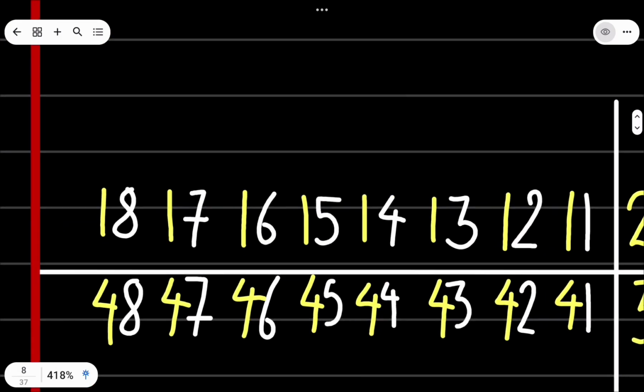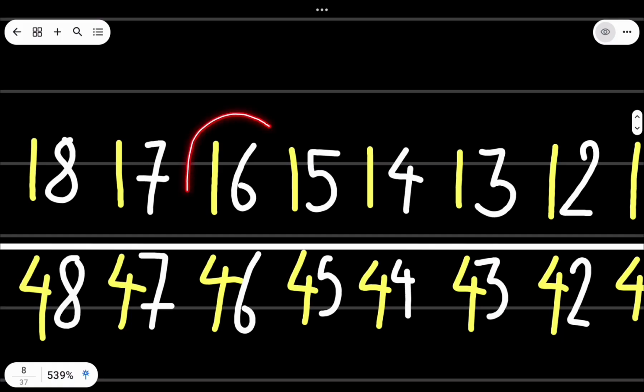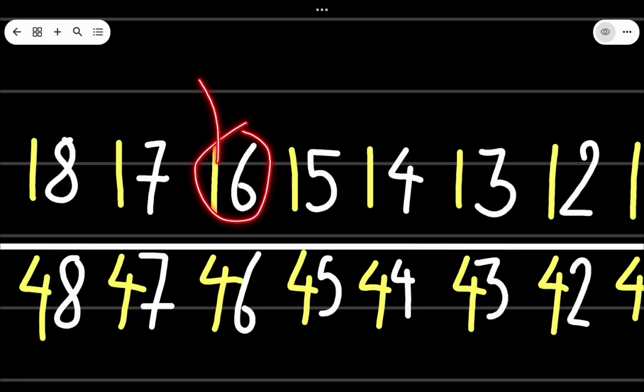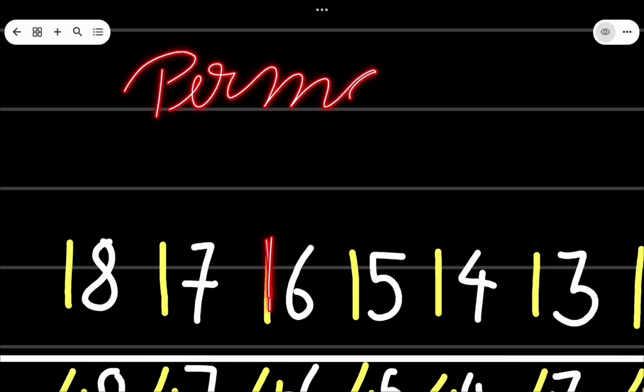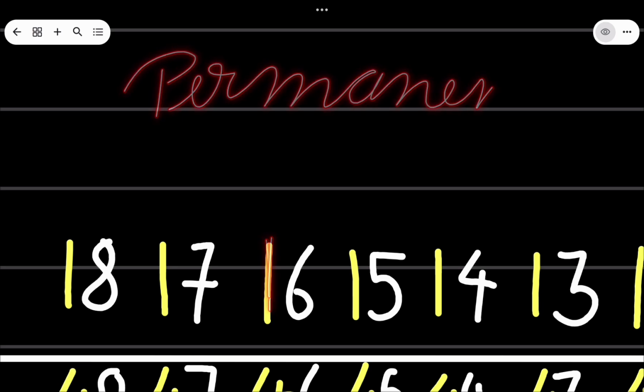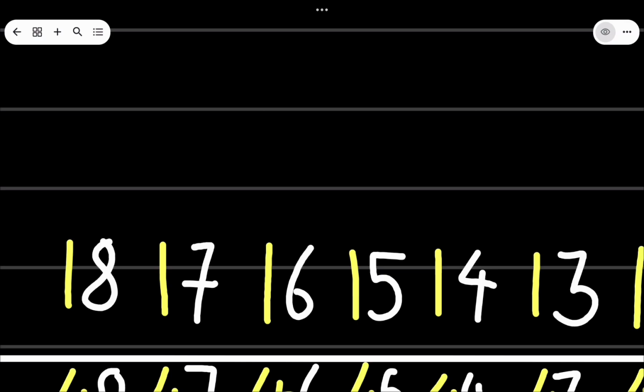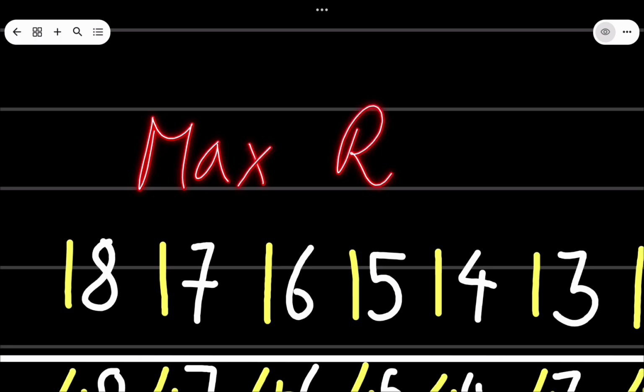Let us take for example the number 16. Whenever you see this digit 1 here, what will it signify? It will signify the arch. As 1 is used, first of all it will be a permanent tooth, correct? Apart from being a permanent tooth, it is also of the maxillary right arch.